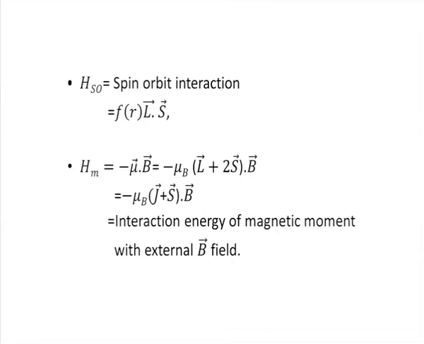The mu has now two sources, one from orbital angular momentum and the other from spin angular momentum, and you can see this as minus mu_B (L plus 2S) dot B by h bar, and L plus S is now the total angular momentum J. So, you write H_m as minus mu_B (J plus S) dot B. This is the point to be noted, that the interaction energy of the magnetic moment with the external B field is now mu_B times (J plus S) dot B, where mu_B is again the Bohr magneton.